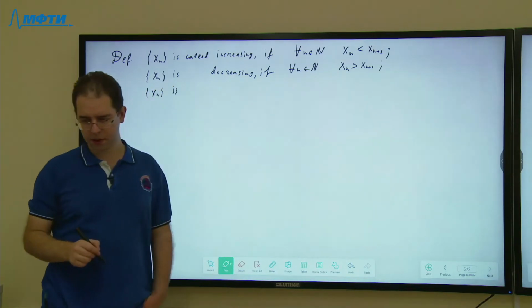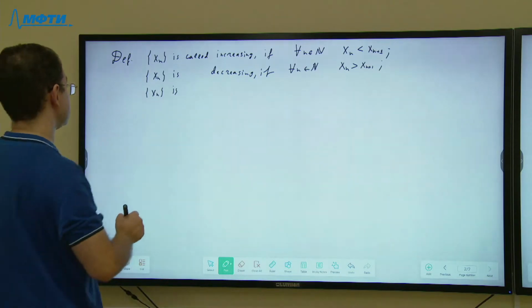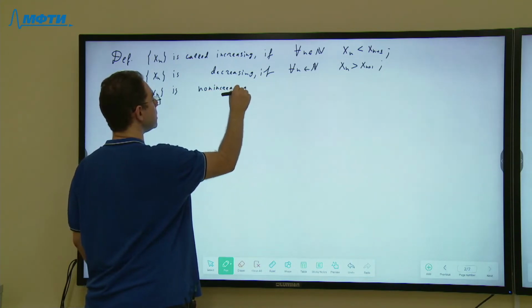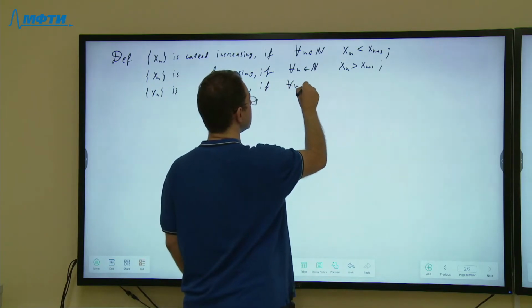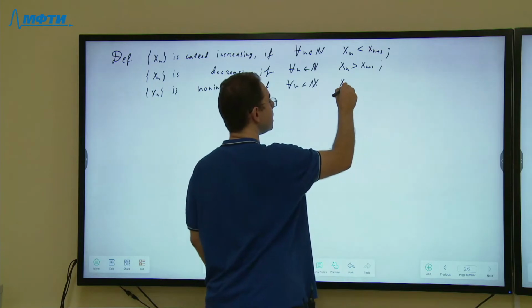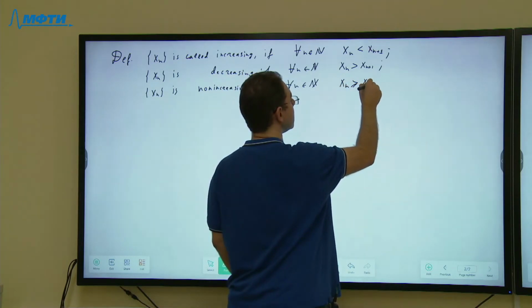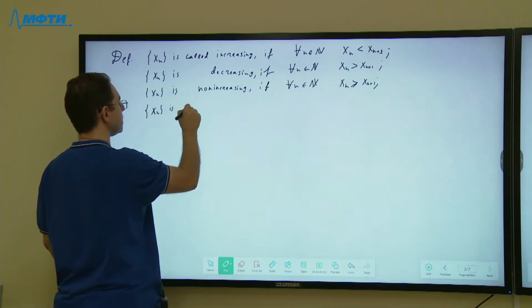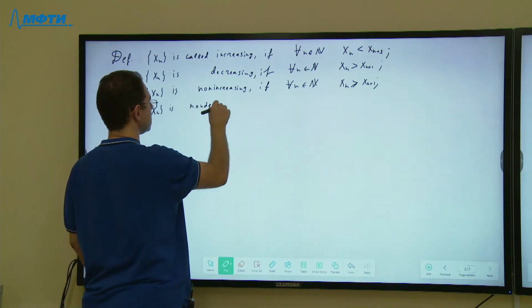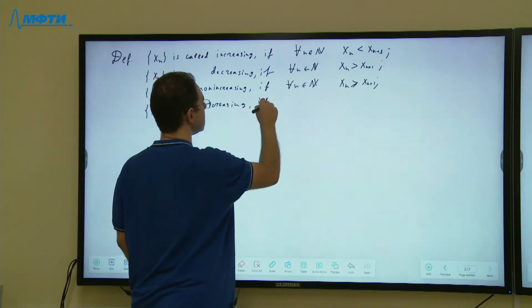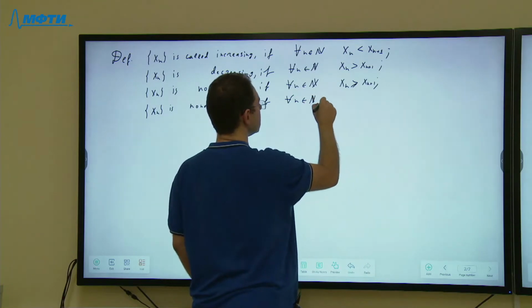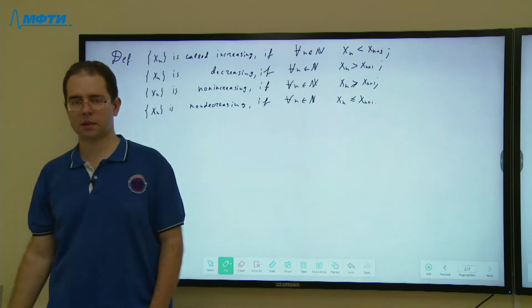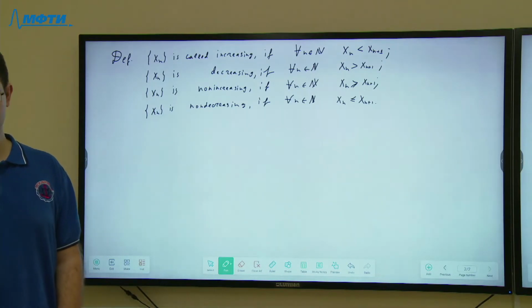Or non-increasing. So strictly and not strictly increasing or decreasing sequences.